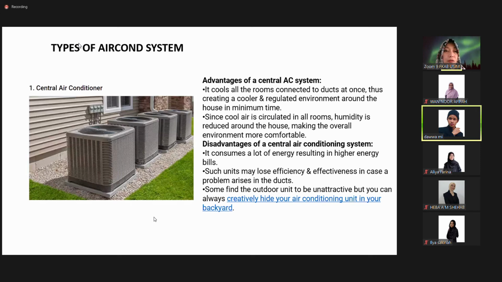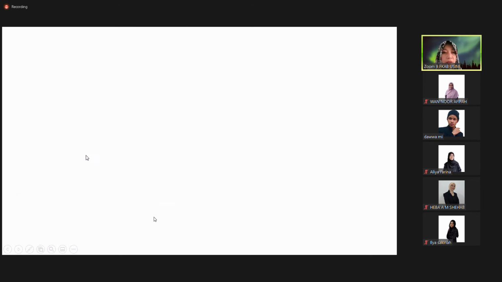So, of aircon system. So there are few types of aircon system. Number one is central air conditioner, dikatakan central air conditioner. So you need to decide later on in your gallery. We have central air conditioning system. This one I will talk about.